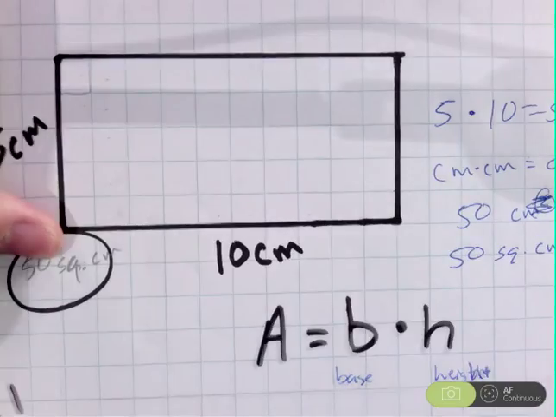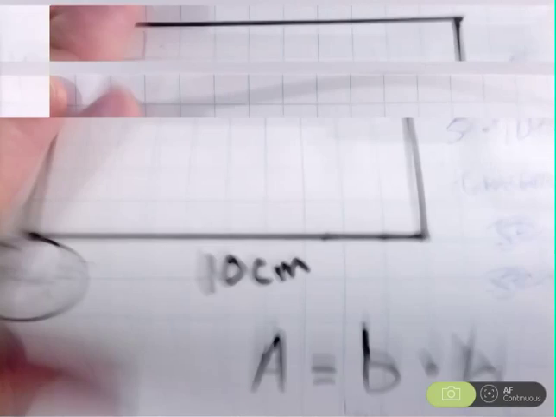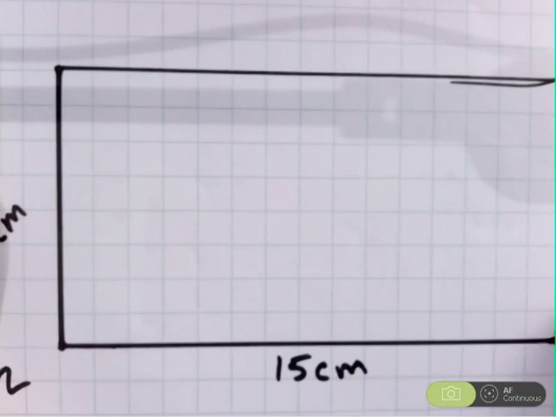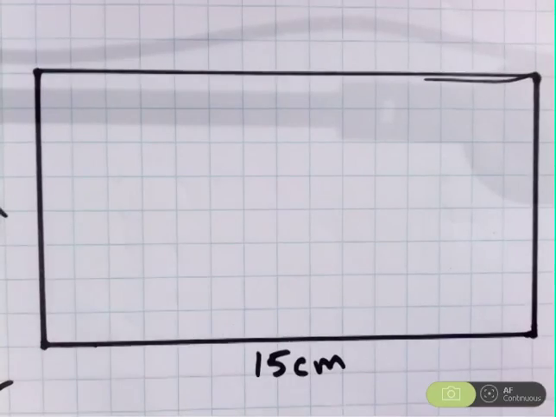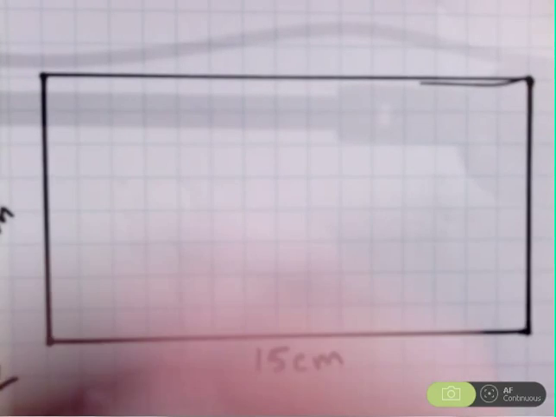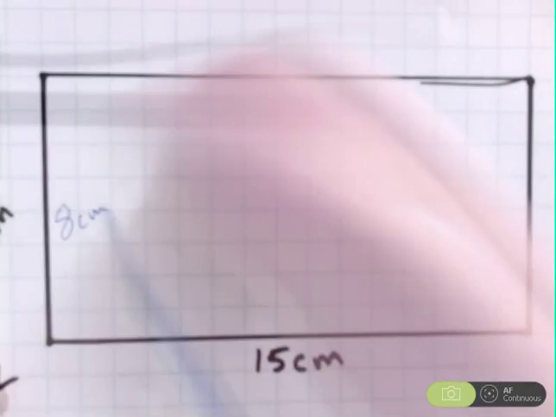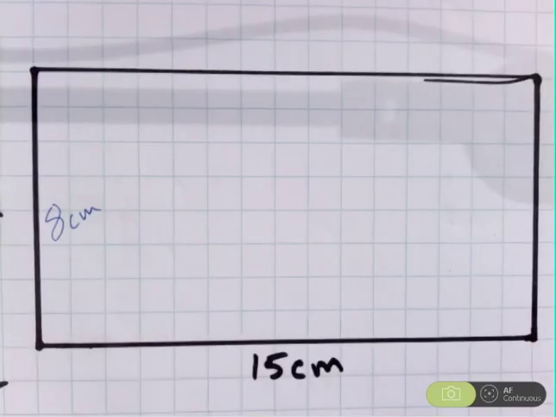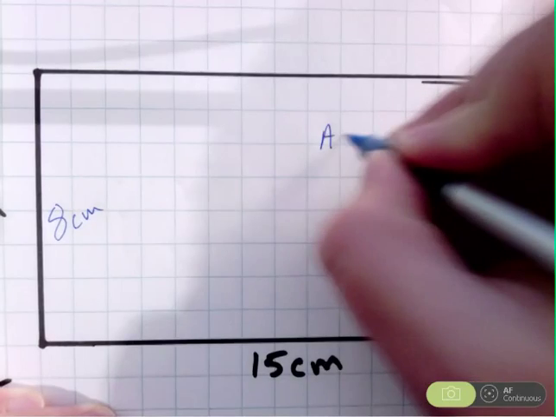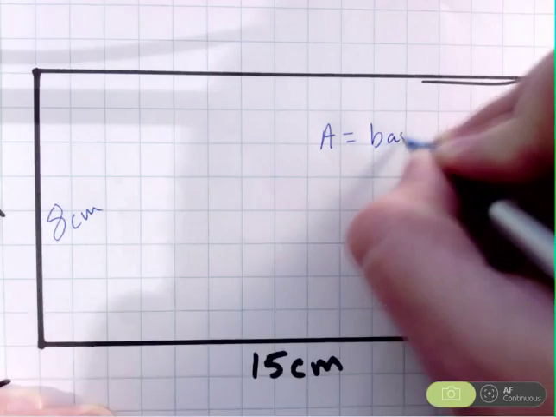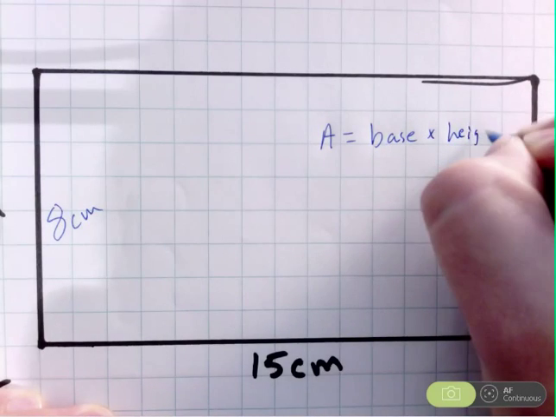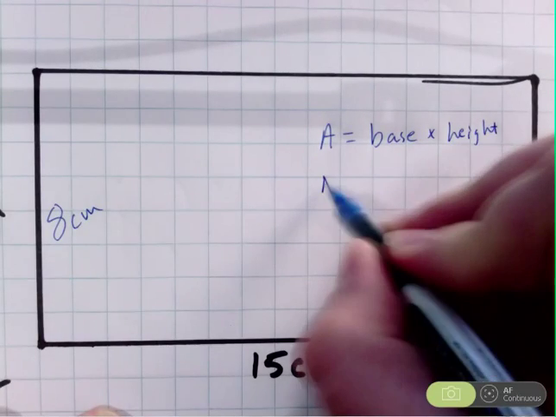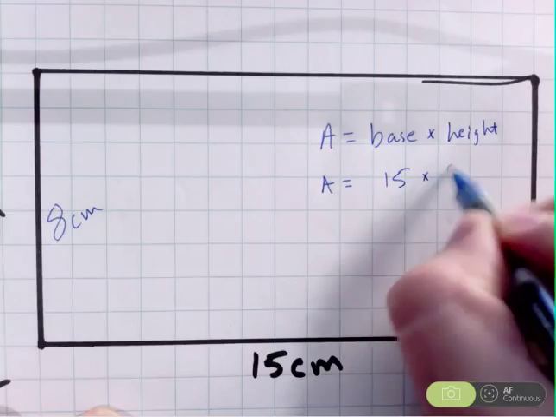So that means, if I go to example 2 here, I've got 8 centimeters by 15 centimeters. Here, I'll just rewrite in here that this was 8 centimeters. Okay? 8 centimeters by 15 centimeters. If we did area equals base times height, we're going to get area equals 15 multiplied by 8.